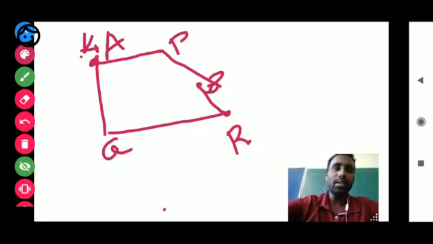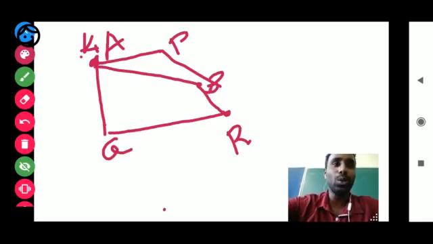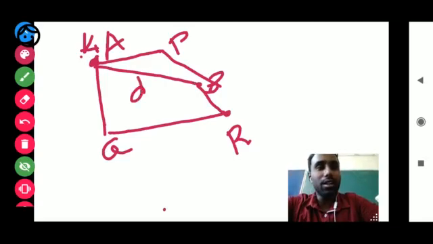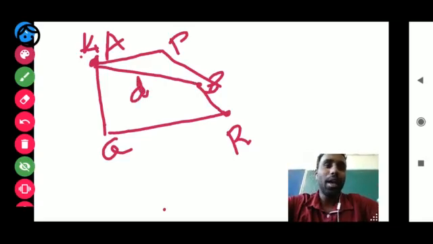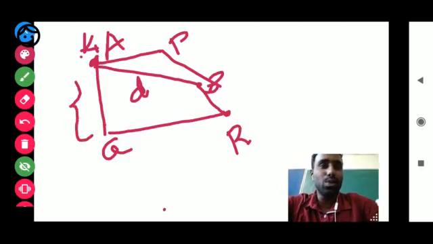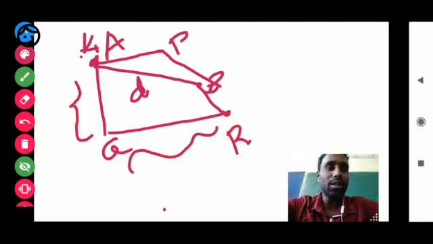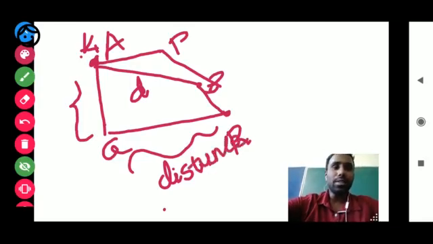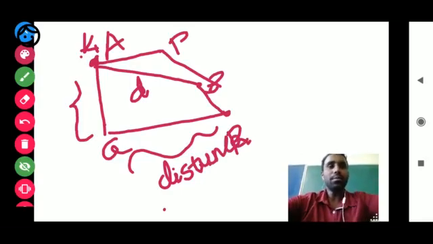Then what is the displacement, sir? From A, which one is the shortest distance connecting A to B? Yes, this is called your displacement. And if you go this way and this way, this is called distance. So in this manner, we say distance and displacement, introduction.